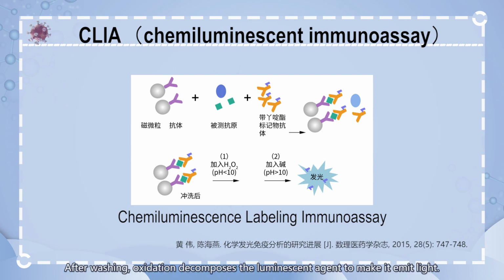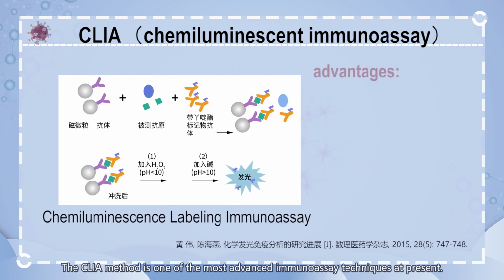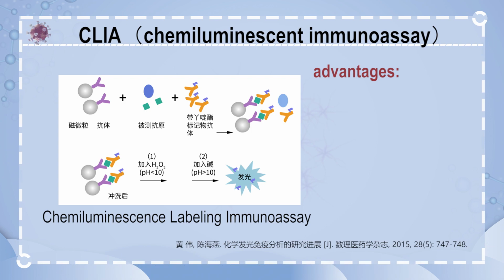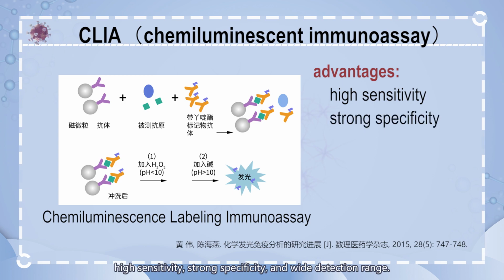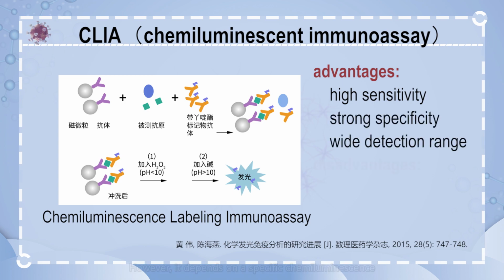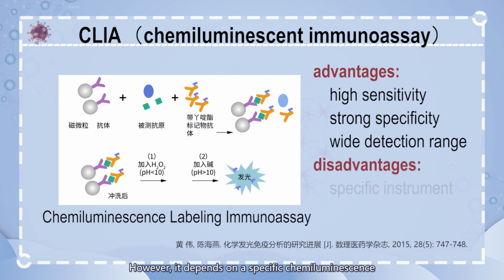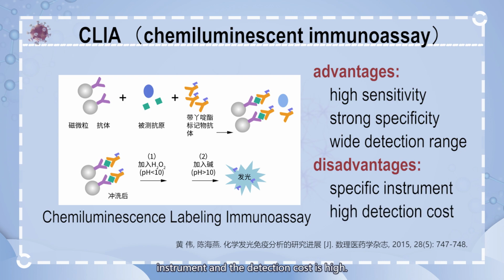After washing, oxidation decomposes the luminescent agent to make it emit light. The CLIA method is one of the most advanced immunoassay techniques at present. It has the characteristics of high sensitivity, strong specificity, and wide detection range. However, it depends on a specific chemiluminescence instrument, and the detection cost is high.